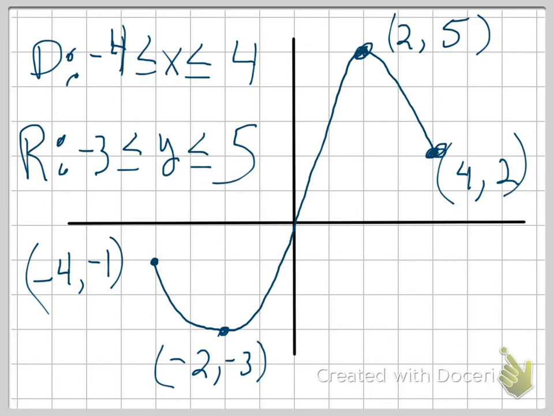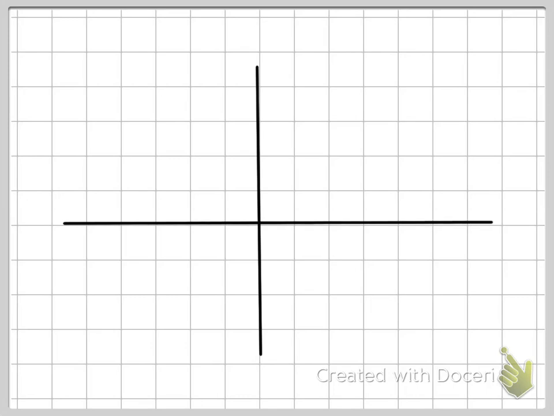Now, how would this change if I had my function, and my function looked like this, but I had open circles at the end.